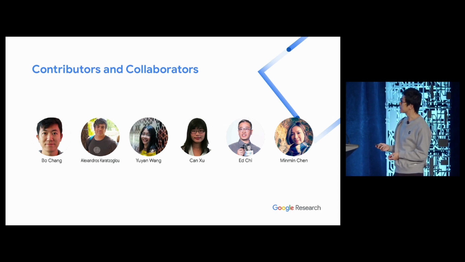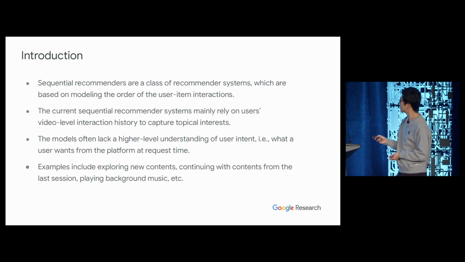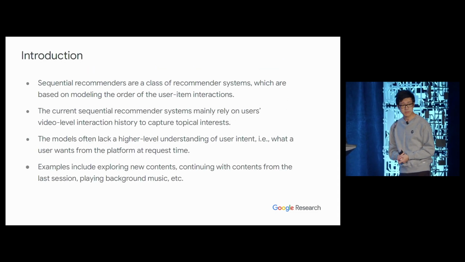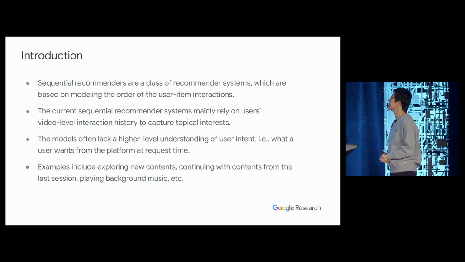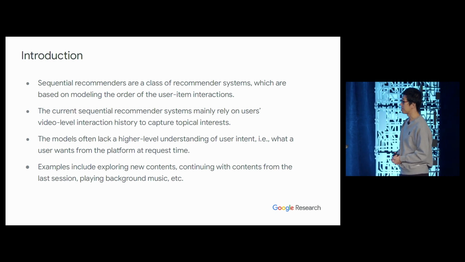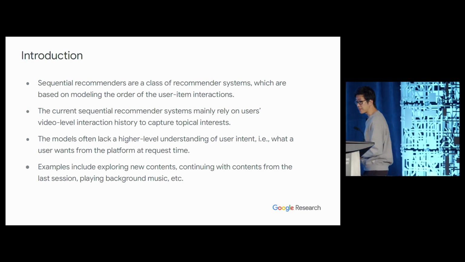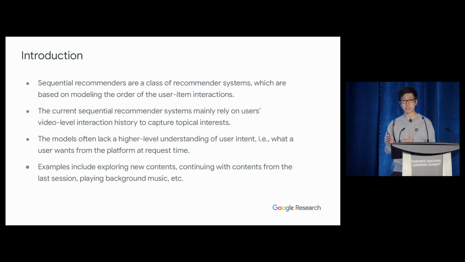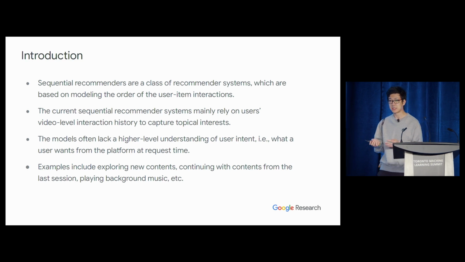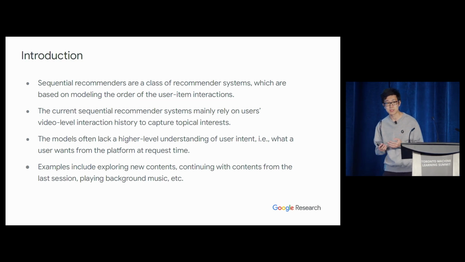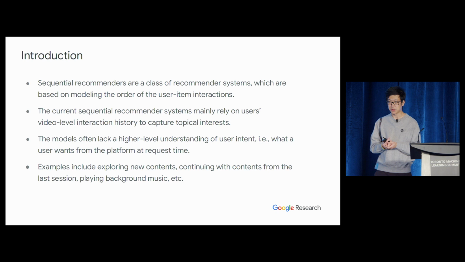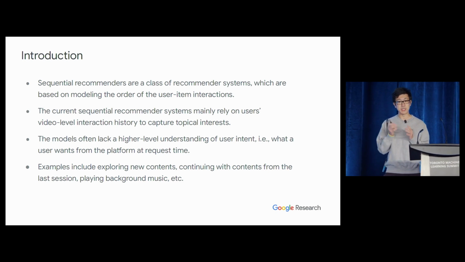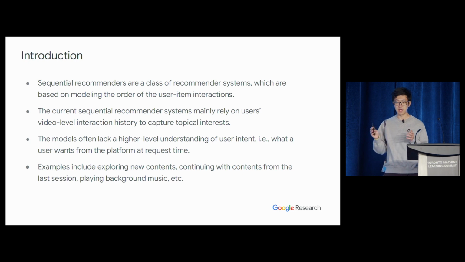A little bit of the background here. Sequential recommender systems are a class of recommender systems that are based on modeling the order of user-item interactions. For example, on an e-commerce website, the user interaction history could be the history or sequence of transactions or browse history.